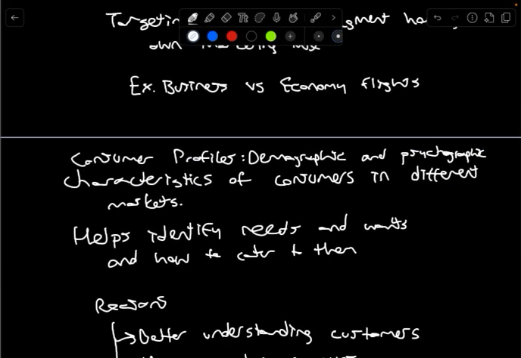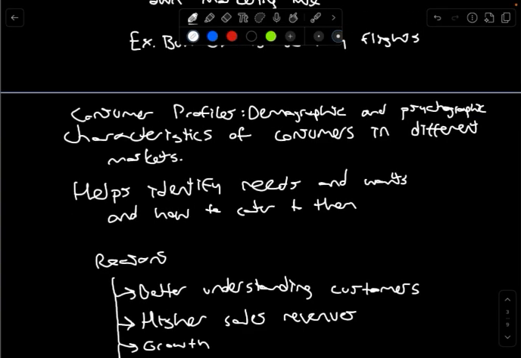So we have another definition, consumer profiles. This is basically the demographic and psychographic characteristics of consumers in different markets. And an advantage is that it helps to identify needs and wants of customers and how to cater to them.